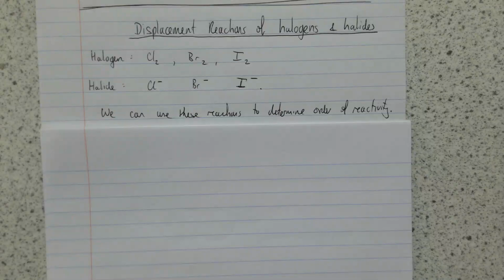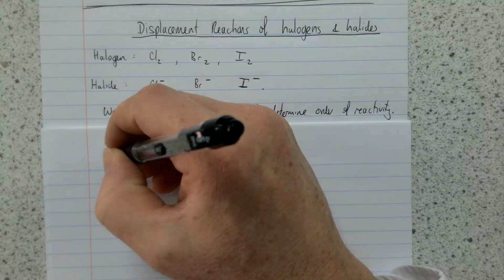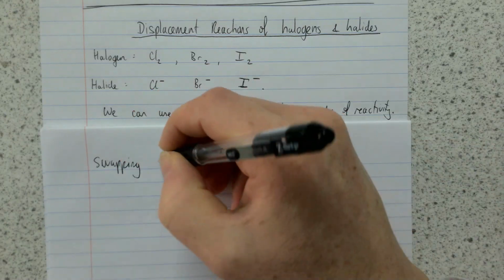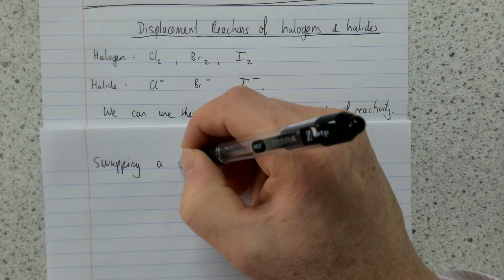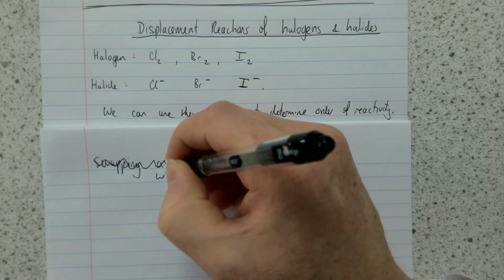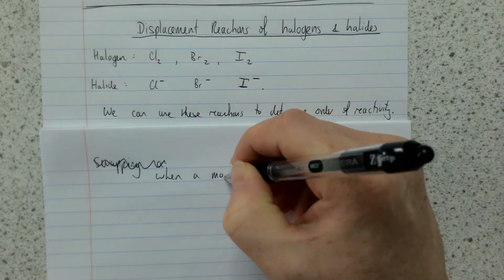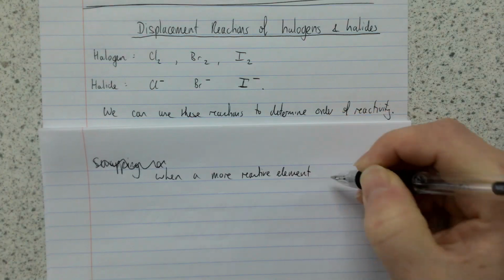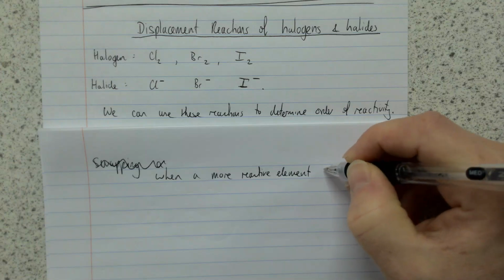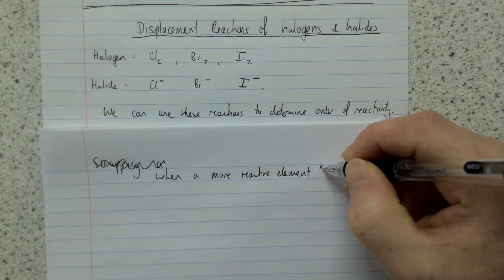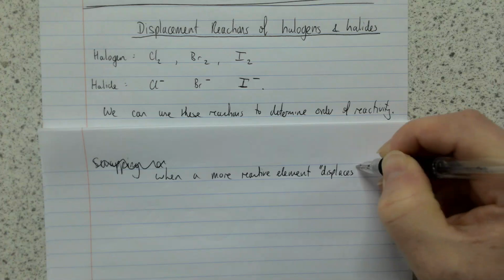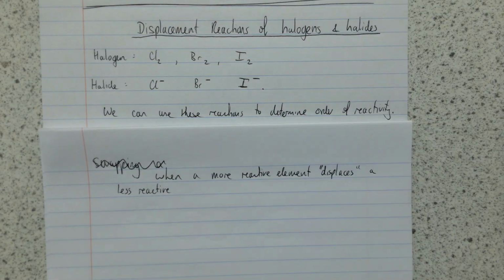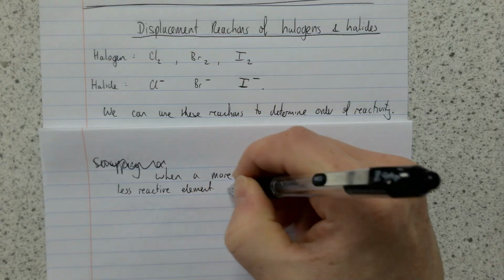Find out which is the most reactive out of the three and which is the least reactive out of the three. Right, so a displacement reaction is when a more reactive element swaps out, or displaces, a less reactive element from a compound.